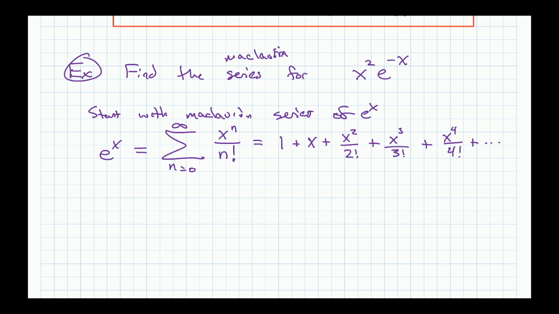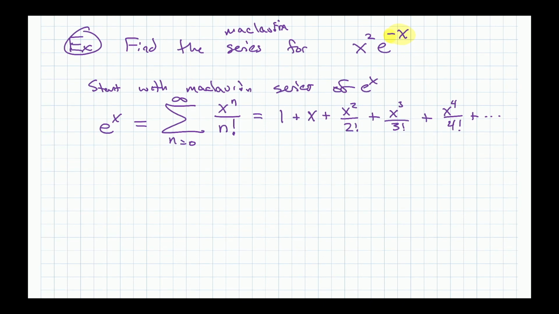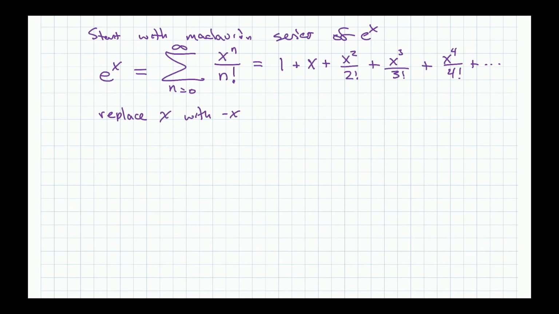All right. Now, we've got a negative x, though. So in order to get a negative x, we're going to need to replace x with negative x. So you do that. You replace x with minus x. You're going to get e to the minus x is the sum from 0 to infinity of minus x to the n over n factorial.